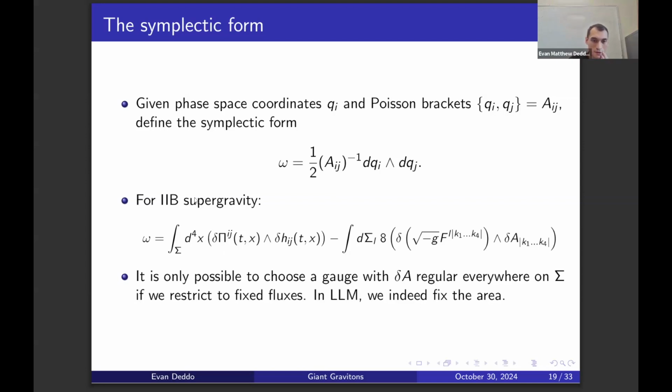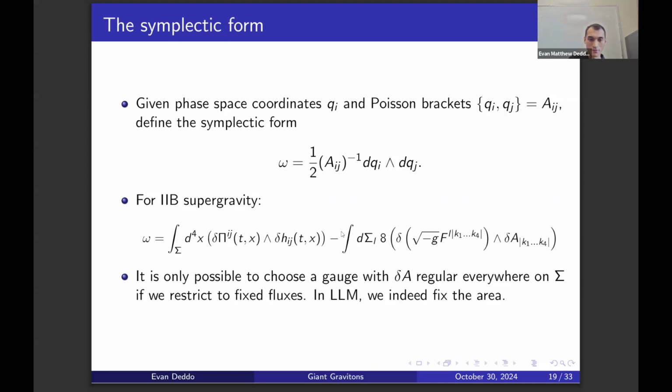So for 2B supergravity in particular, we have the metric, and using the ADM formalism, we can consider just the metric on a 4-dimensional slice out of the 5 dimensions, and the associated conjugate momentum. And then we can do a similar thing for the gauge potential and the associated 5-form.